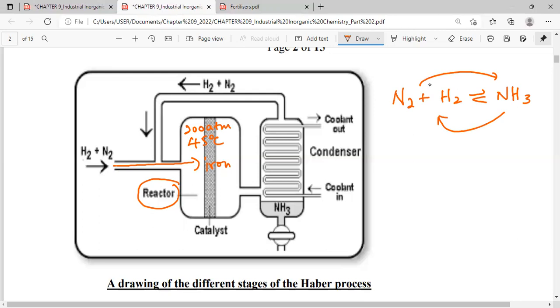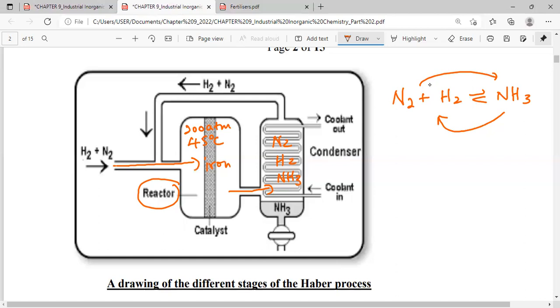Gases, wherever there is empty space, will just move in. Here, this is the only outlet, right? So all three gases will go here. Now you have a mixture of nitrogen, hydrogen, and ammonia. Do you follow that?